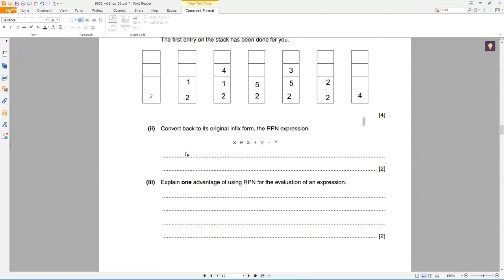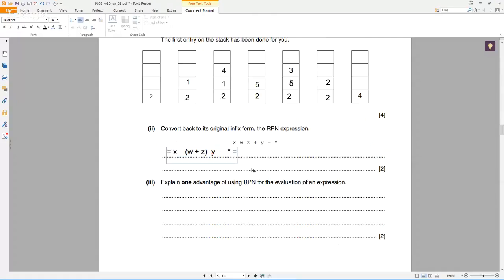So let's try to do it in steps. The first one is y plus z. Okay, so we still have y, we still have minus, and we still have star.